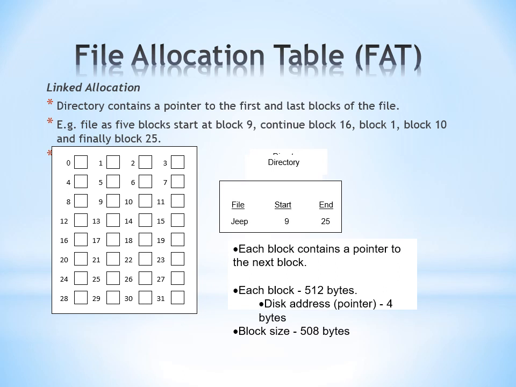So in this directory, for example, we use a file zip. We start at block 9 and end with block 25. So let's say for example block 9 here, we start at block 9.